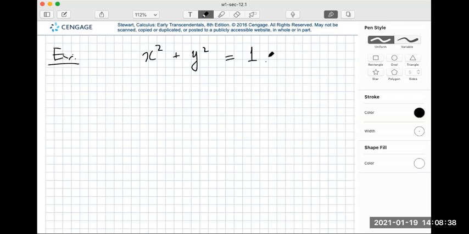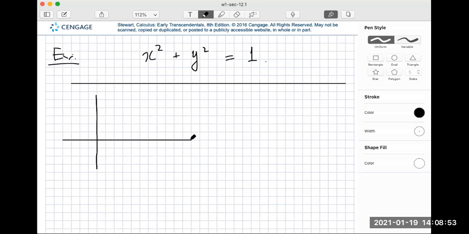Do you remember what the equation is here? In 2D, what is it? Yes, it is a circle, right?